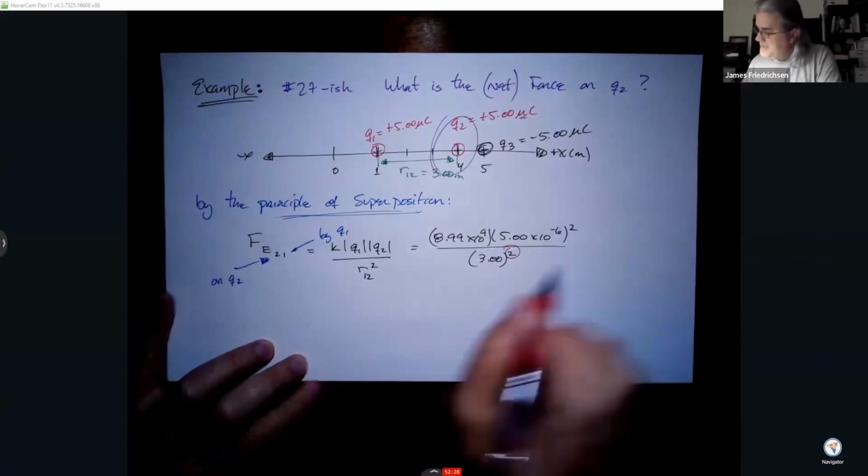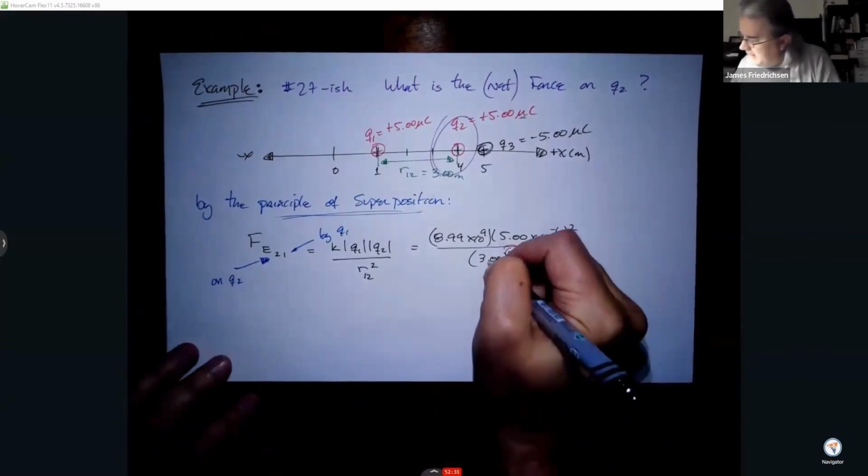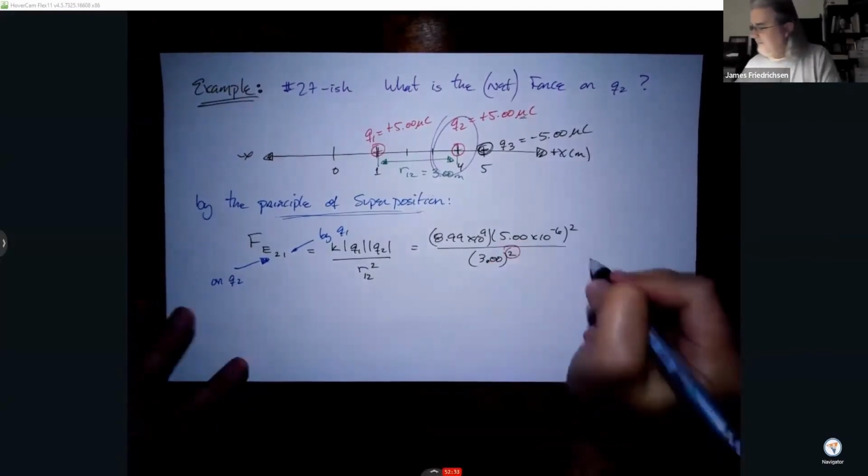Probably the most common mistake is to drop the square in that denominator. So let's not do that.